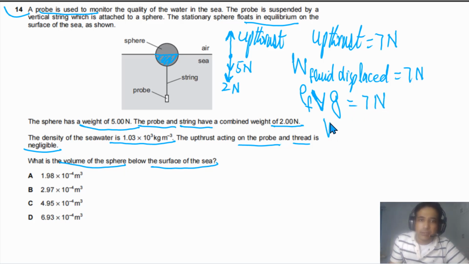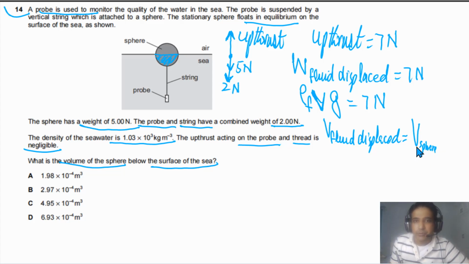And in this case, the volume of fluid displaced is equal to the volume of the sphere below the surface, or we can say the volume of the sphere submerged in seawater, below the surface.